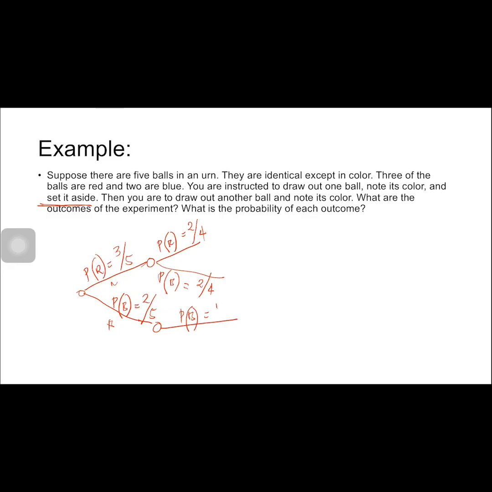So it will be 1 out of 4. Okay, so what is the probability of getting a red ball if the first ball drawn is blue? So it would be 3 out of 4. Okay, so this is an example of a tree diagram, showing all the outcomes.